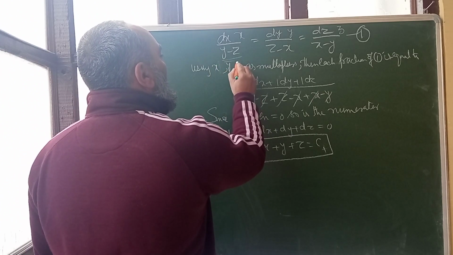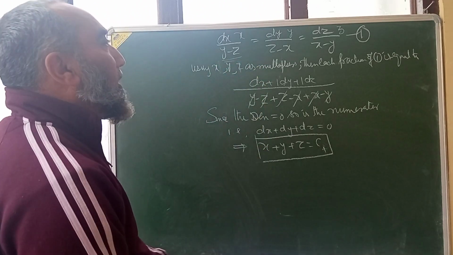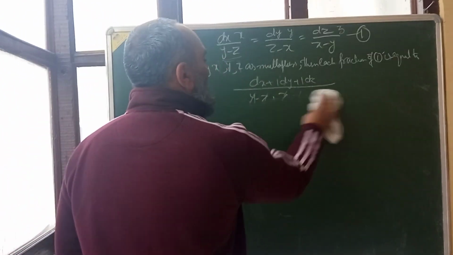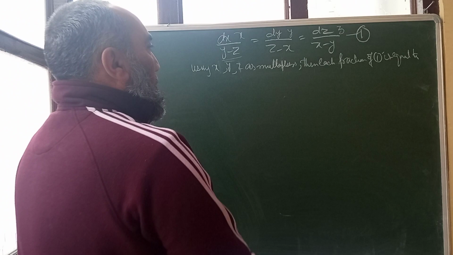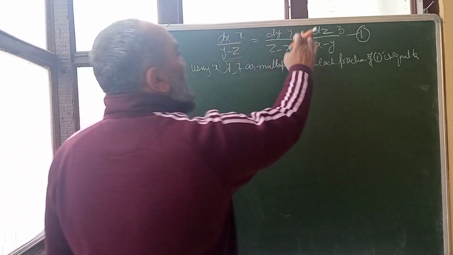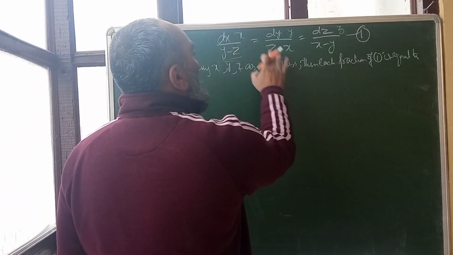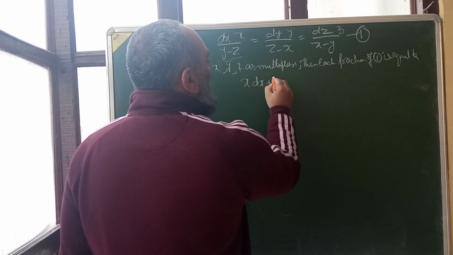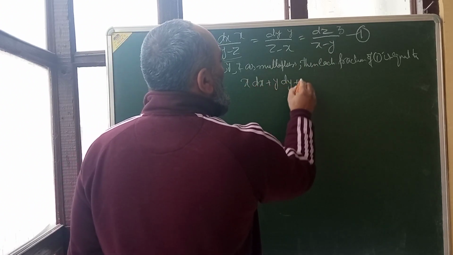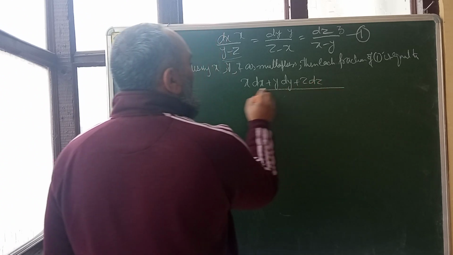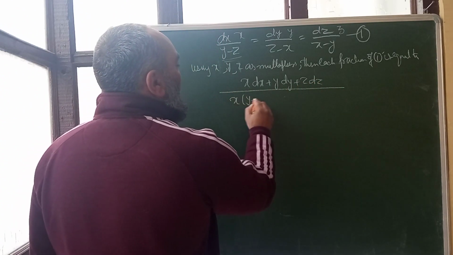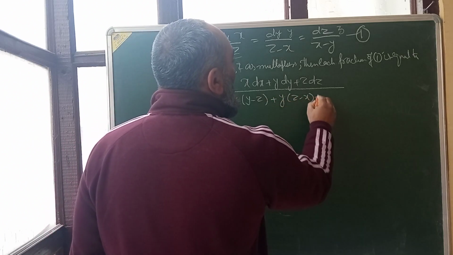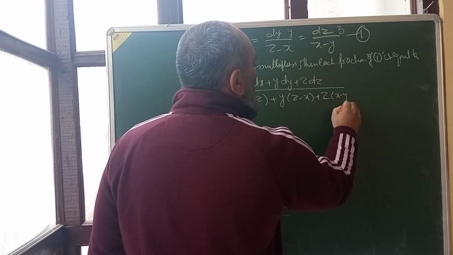Using x, y and z as multipliers, then each fraction is equal to x dx, y dy, z dz divided by x times y minus z, y times z minus x, z times x minus y.